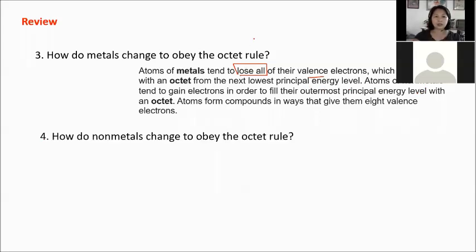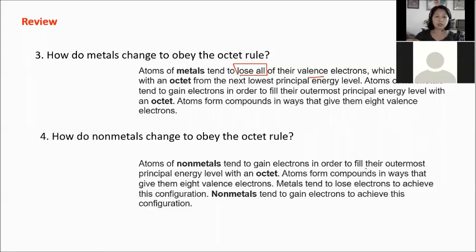Okay, so we are now at number 4. How do non-metals change to obey the octet rule? Atoms of nonmetals tend to gain electrons, while metals tend to lose electrons.